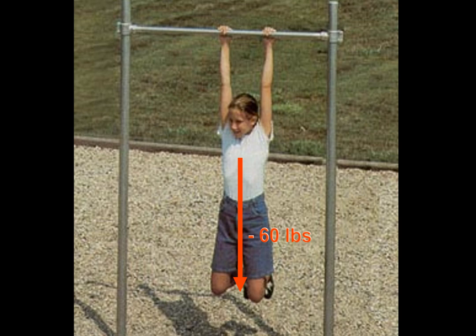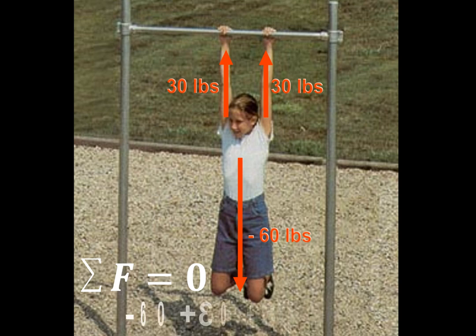Because she's at equilibrium, she's not moving, she's not swinging, she's just hanging there. So if 60 is going down, how much force does each arm have on it? Hopefully you said 30 pounds each, because 30 plus 30 gives you 60.